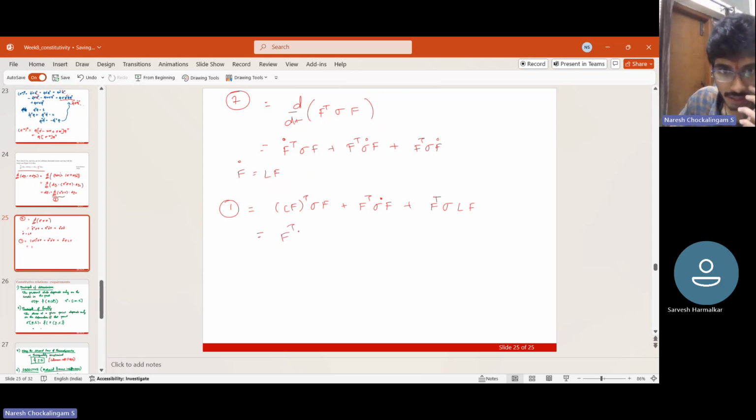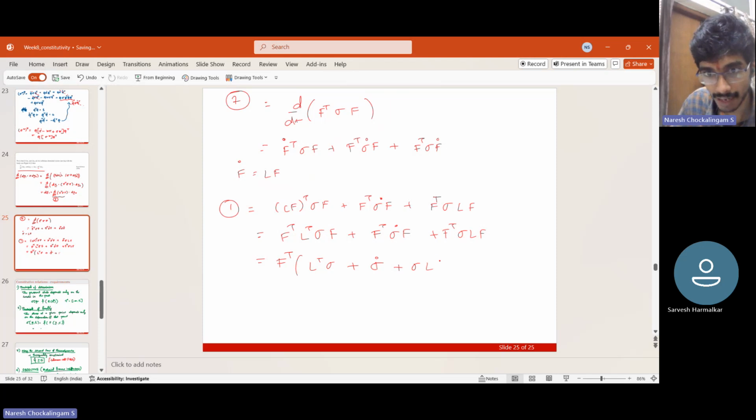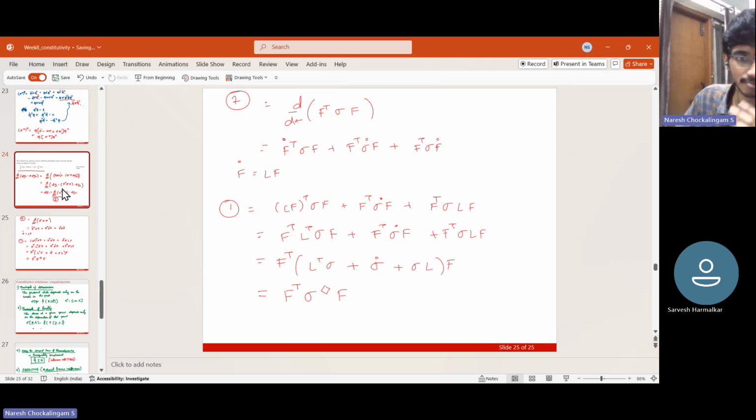We get F transpose L transpose sigma F plus F transpose sigma dot F plus F transpose sigma LF. Now take F transpose and F common from all. So you get F transpose times L transpose sigma plus sigma dot plus sigma L, times F. But what is this entire thing? This is the convective stress rate. So this is F transpose sigma diamond F.